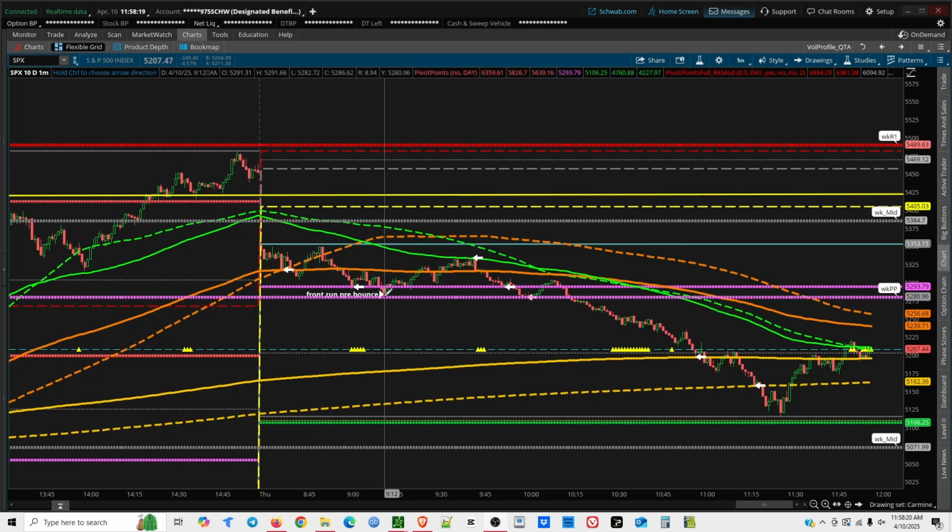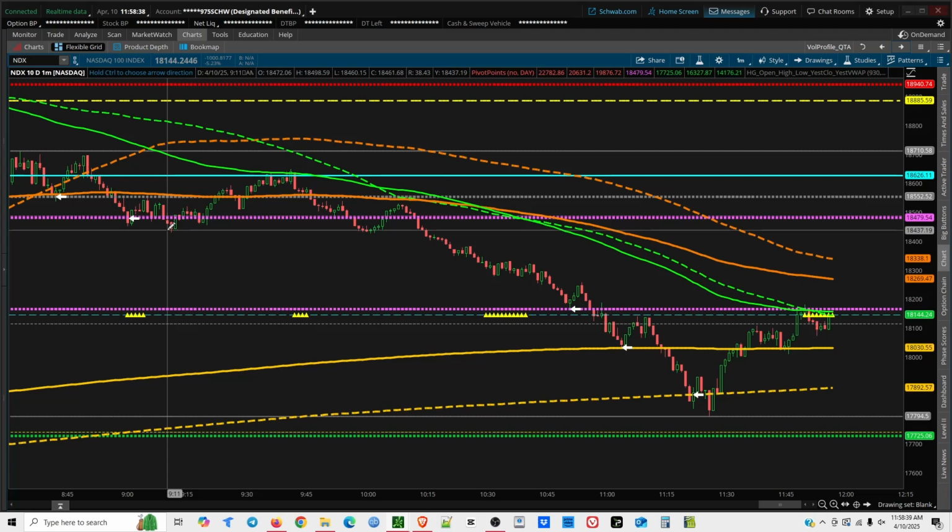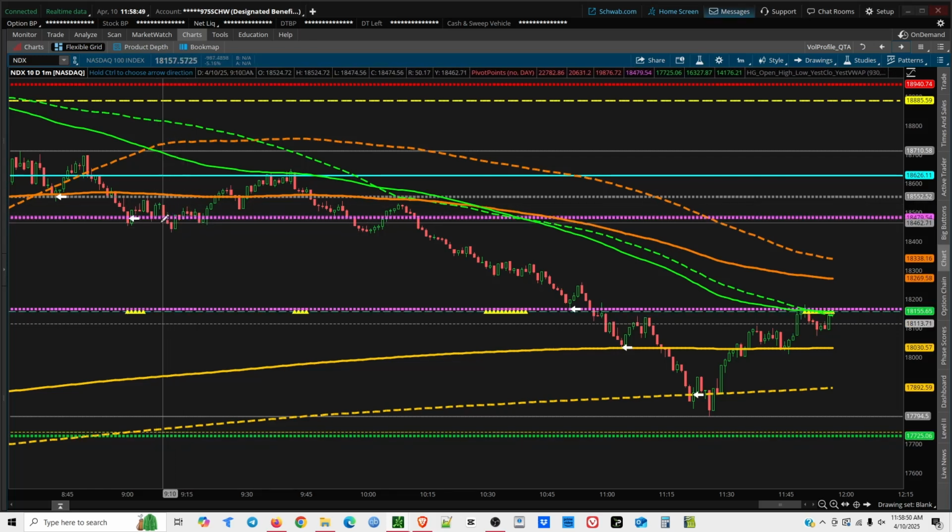So let's take a look at this spot. We've got 12 minutes after 9 Central Time. Let's take a look at some of the other instruments and see if we can find some support there. Now on NDX, NDX is also still dancing around this daily pivot point. So we're not sure if it's just going to blow through it or if it's going to treat it as support.